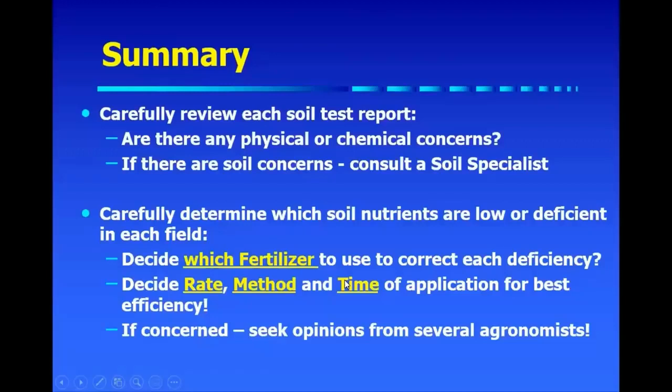And as I said before, and I'll repeat it one more time, work with a good independent agronomist and your fertilizer dealer, and get suggestions from both. If there are differences of opinion, seek other opinions before you make your final decision. There's always room for improvement, and always room to do some fine-tuning after you talk to other specialists.